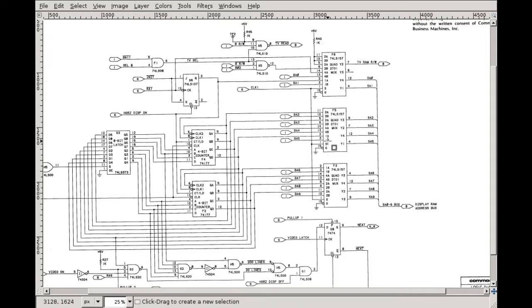So if we don't find any problem on the screen data bus, we have to try to debug this multiplexer that forms the screen address either from the counters or the CPU bus.